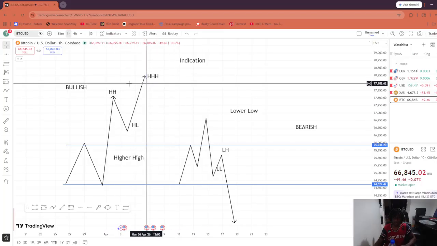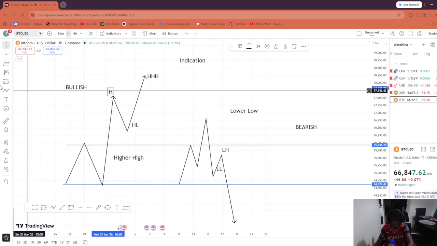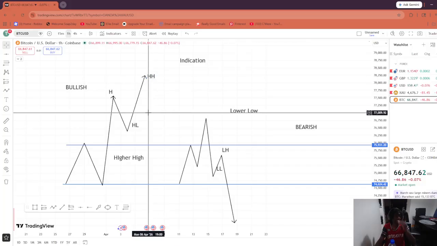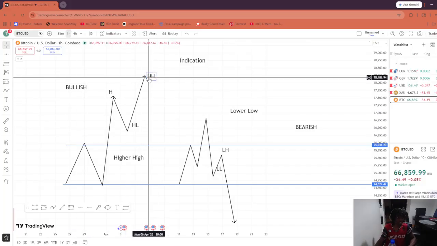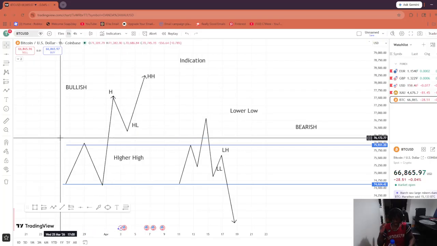We're going to come and beat this higher high. Actually, I'm gonna do H and then HH. Okay, so this is our high and this is our higher low. Then we gotta create a higher high. So this is how we use indication for a bullish run.